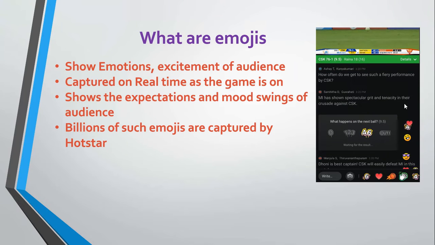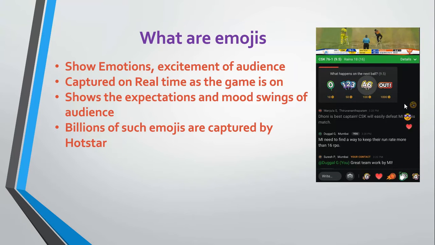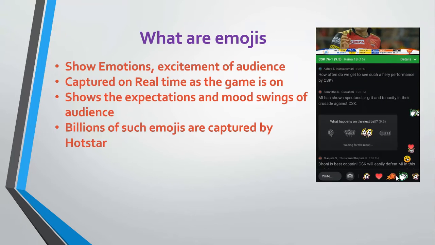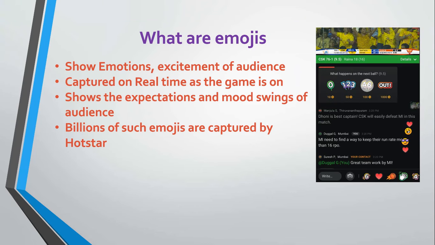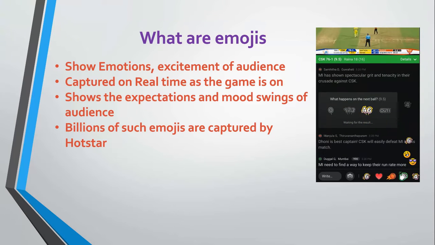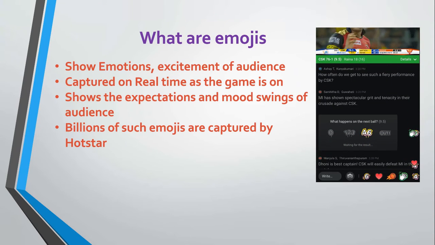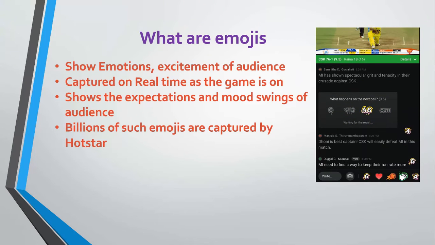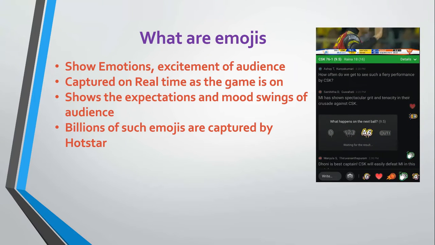As you can see, a lot of emojis are getting generated, and whenever you generate an emoji as an end user, it has to be captured in real time as the game proceeds. As the game goes on, the emotion and the mood swing of the audience change.